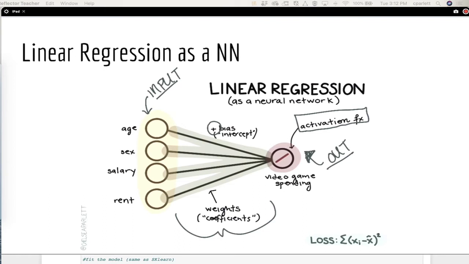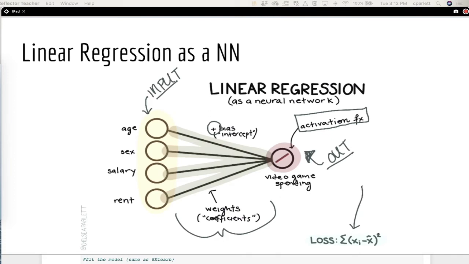And the other thing that we have to think about is, how are we training this network? How are we getting the network to learn what is the best answer? How does it make the best predictions? Well, that's actually also very similar to what we talked about in linear regression. We have some kind of loss function. Sometimes people will call this a cost function as well. And in terms of linear regression, we usually use the sum of squared errors or the mean squared error, which is just the sum of squared errors divided by the number of data points.